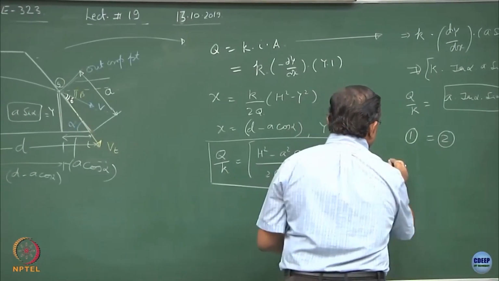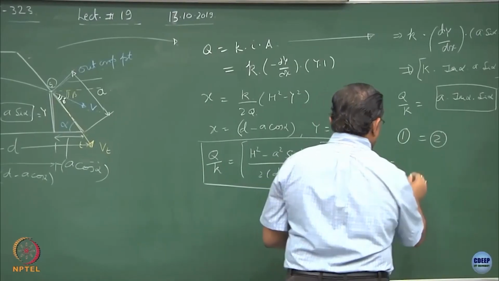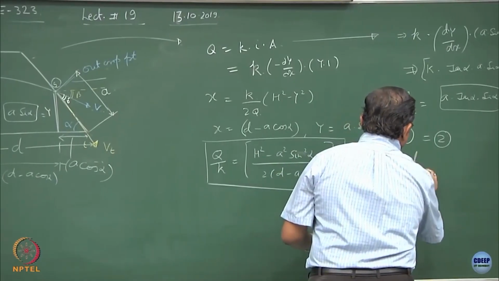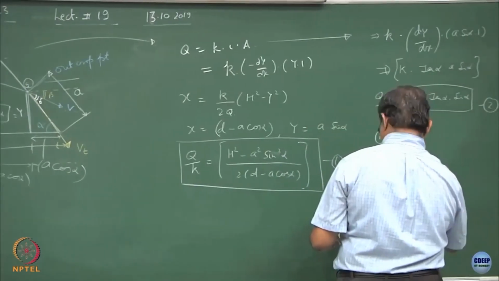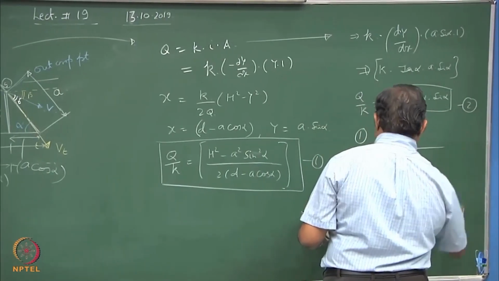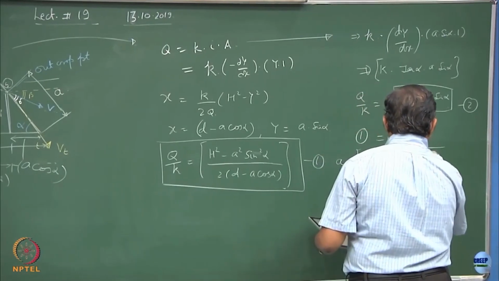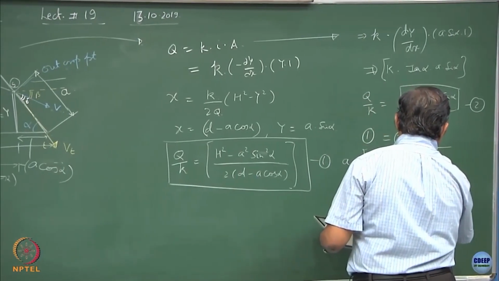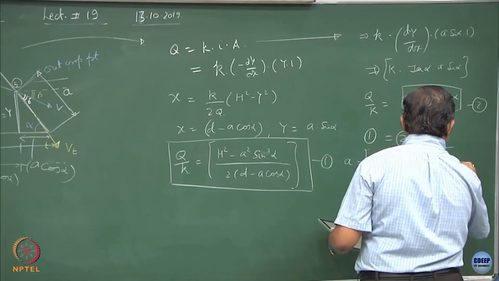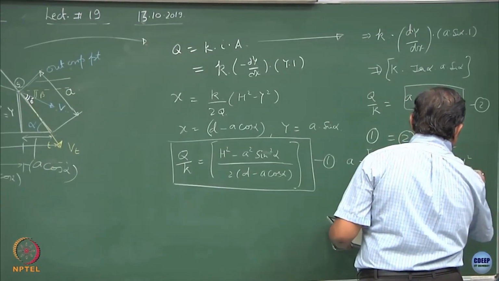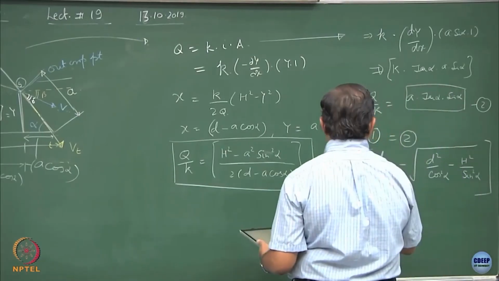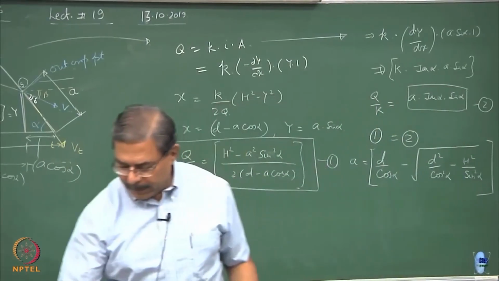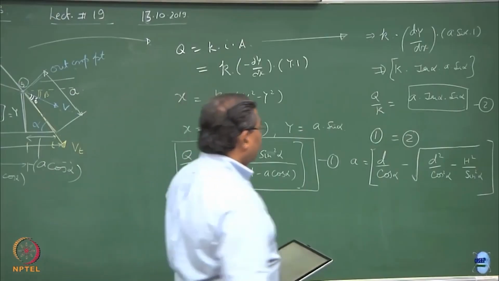The final expression would be A is equal to D by cos alpha minus under root D square by cos square alpha minus H square by sin square alpha. So, this is the expression which gives you the value of A.